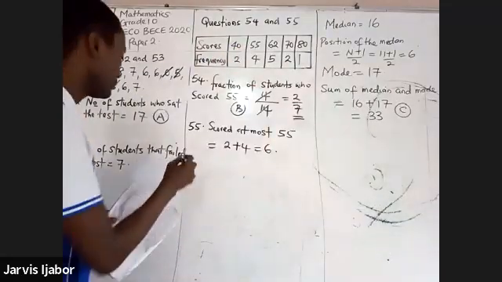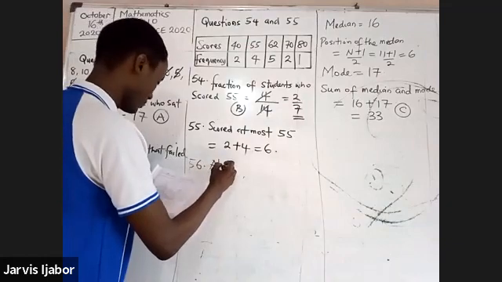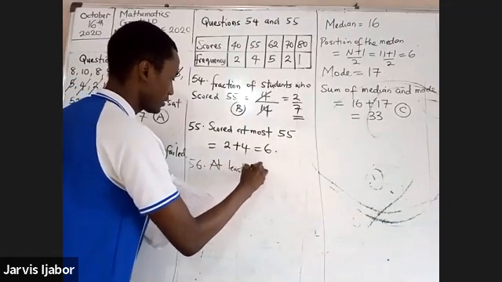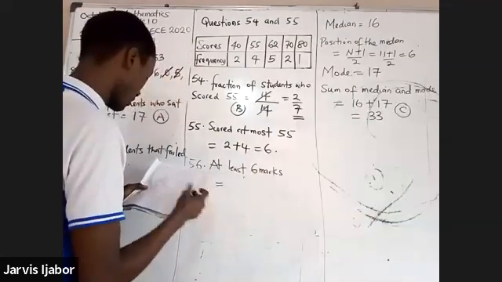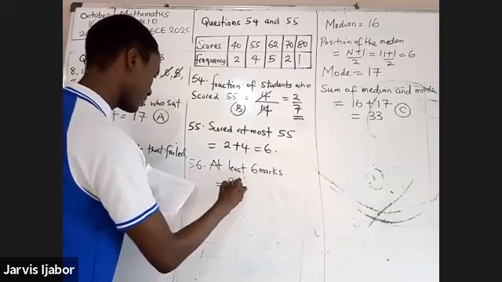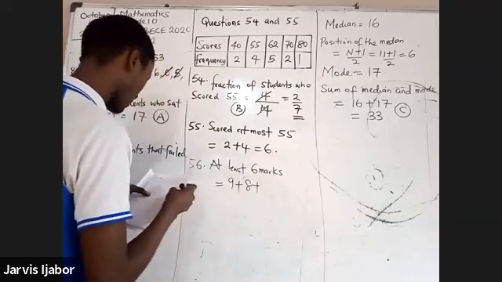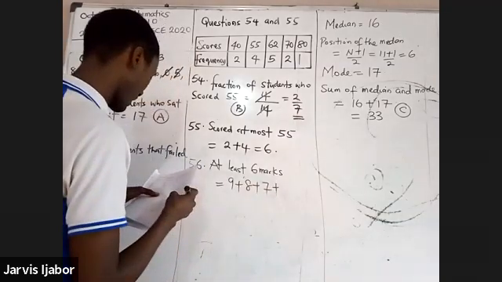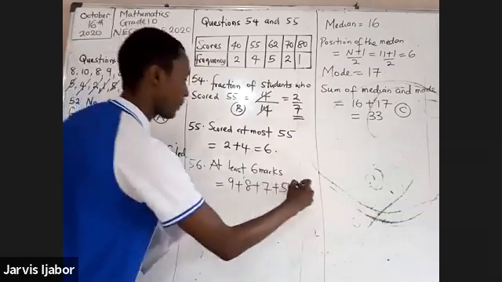So at least 6 marks will now be equal to the frequency for 6, which is 9, the frequency for 7 is 8, the frequency for 8 is 7, the frequency for 9 is 5, and the frequency for 10 is 4.